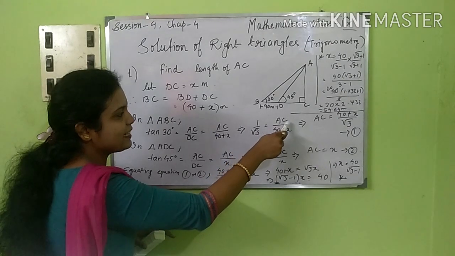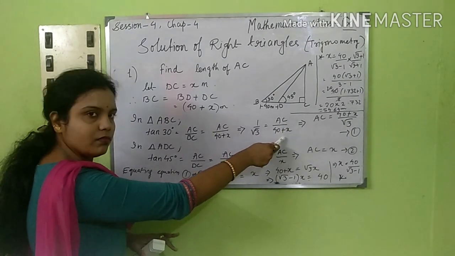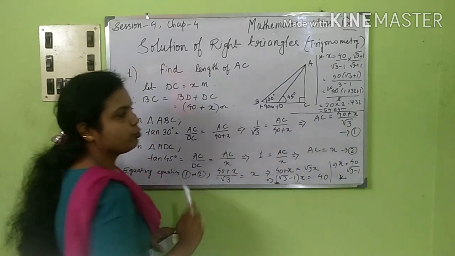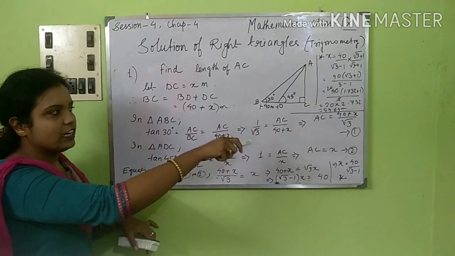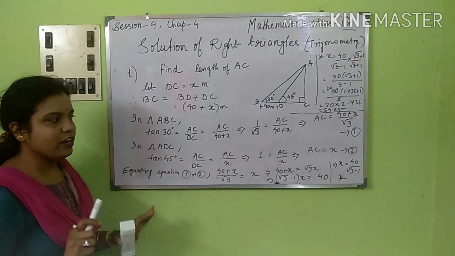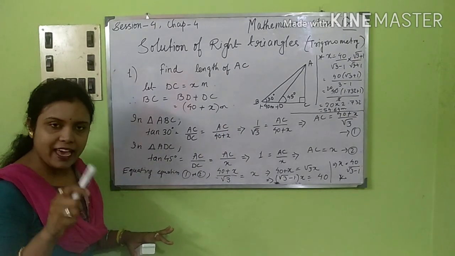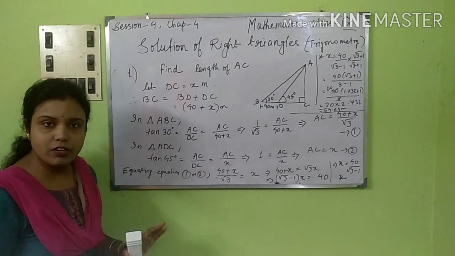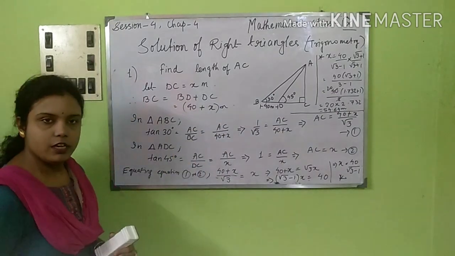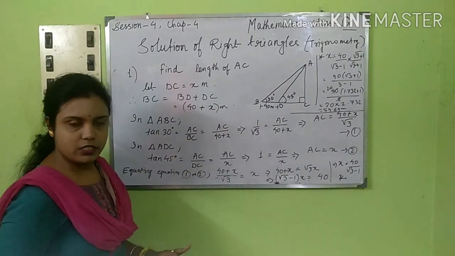That is equal to AC by 40 plus X. So AC becomes (40 plus X) by root 3. Since there is a term X which is a variable, we don't know its value, so we are writing AC equal to this particular value. Keep it that way first.